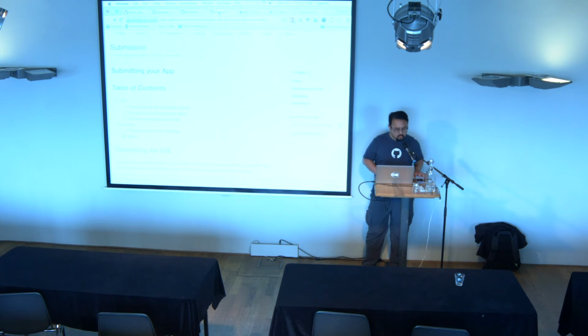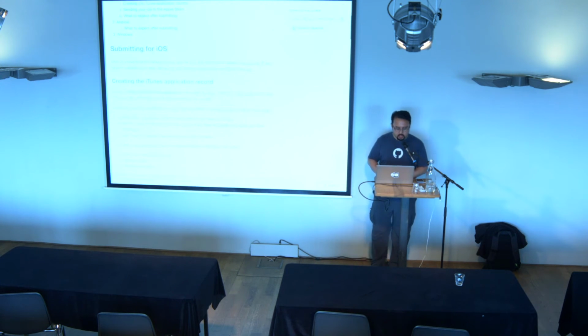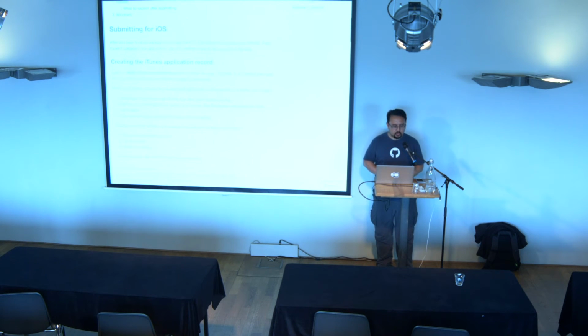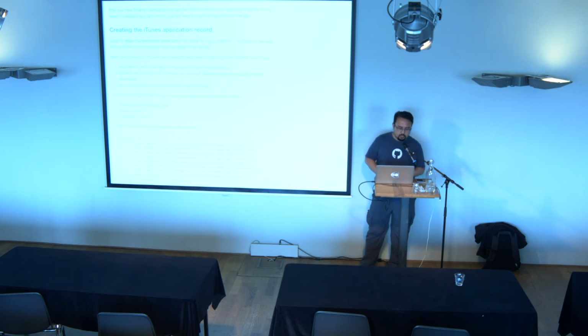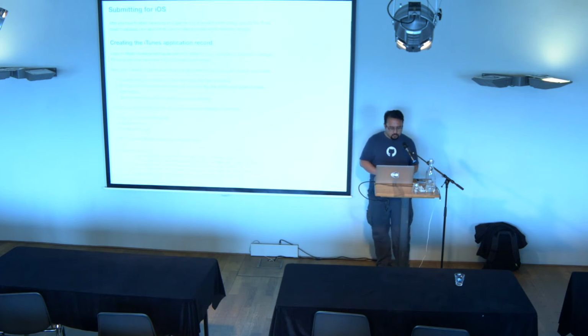Now that you have your .ipa file for iOS, APK for Android, and the Windows Phone package, for each store, you usually will have to log into the dev portal and set it up first, and then upload your binary. For example, I'll go through iOS quickly.